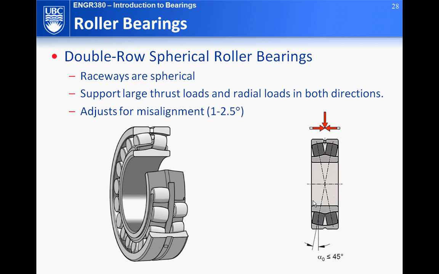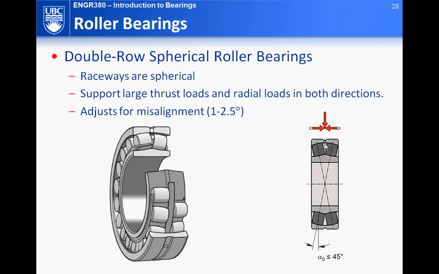Double row spherical bearing. As we said, spherical roller bearing, the difference is it's not cylindrical, it's not a straight line. The two sides of the bearing, the surface, is a spherical surface. So if you extend that surface, it's a sphere basically, right?